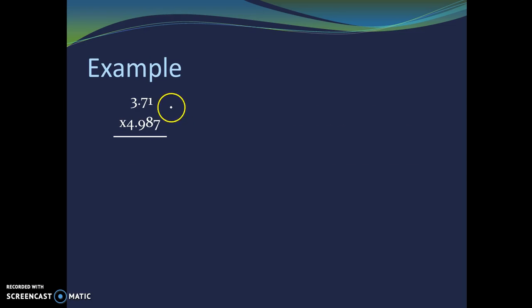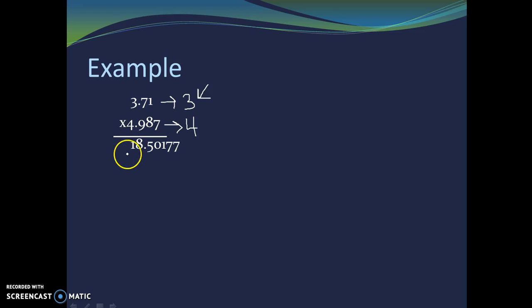So here we have 3.71. This guy has 3 sig figs. And 4.987. This guy has 4 sig figs. Which one's smaller, 3 or 4? 3. So when we report our answer, we can only have 3 significant digits in our answer. These two multiplied together are 18.50177.